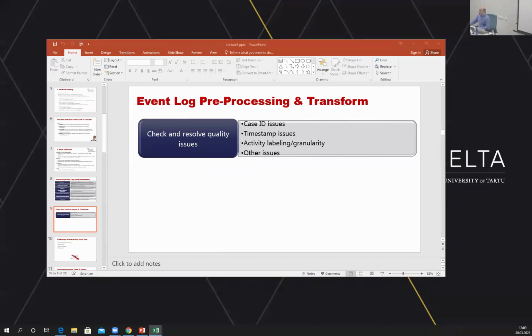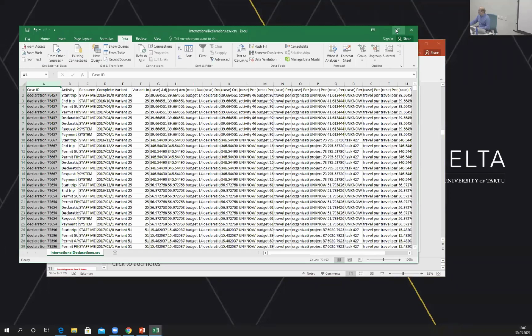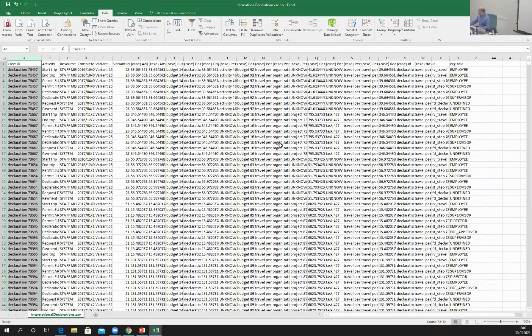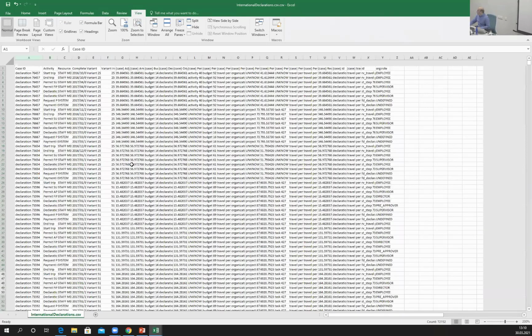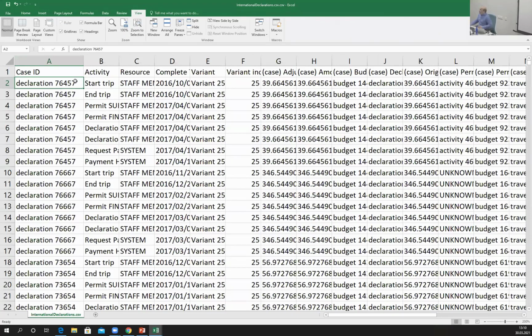This is an event log. I'll try to make it a little bit larger, zoom to maybe 200% if I can. Okay. This is an event log extracted from a system that records travels, business trips executed at some university in the Netherlands.